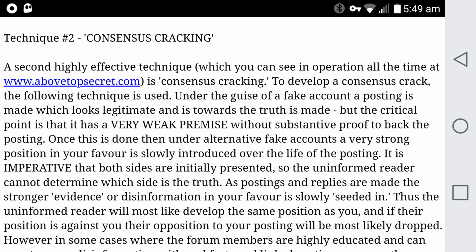But the critical point is that it has a very weak premise, without substantive proof to back the posting. Once this is done, then under alternative sock accounts, a very strong position in your favour is slowly introduced over the life of the posting. It is imperative that both sides are initially presented so the uninformed reader cannot determine which side is the truth.